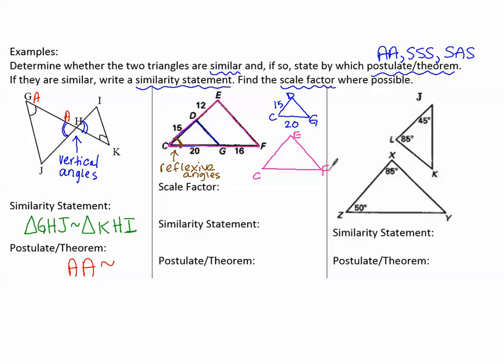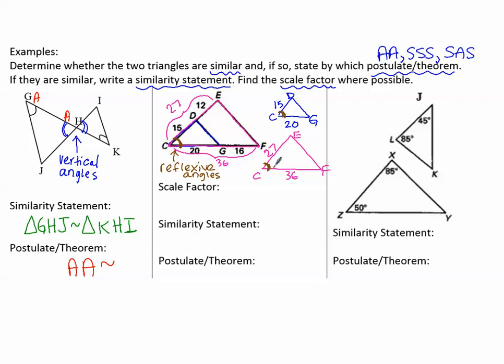Now I also have to label the two sides they gave me, but I've got to do some adding first, because from C to E, it's 15 and 12 put together. That's 27. And from C to F, that's 20 and 16 put together, which makes 36. Let's not forget the congruent angle C that we marked from the reflexive property.